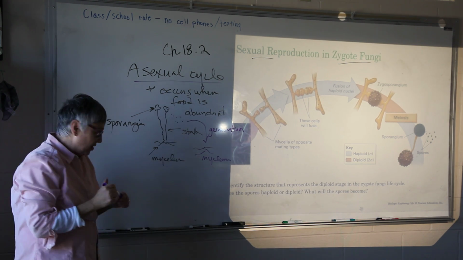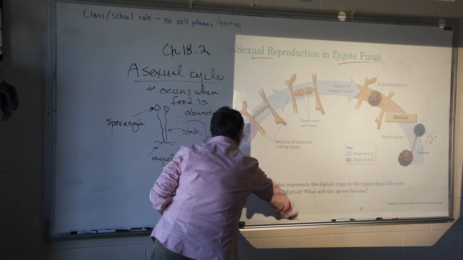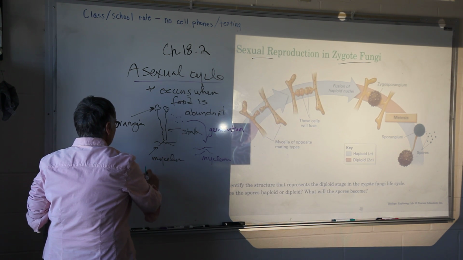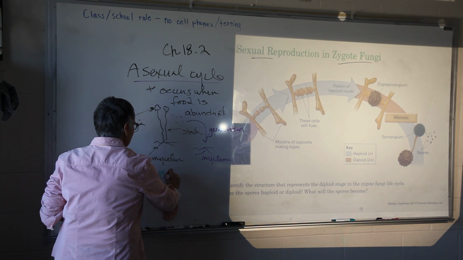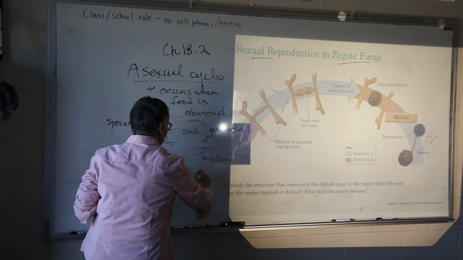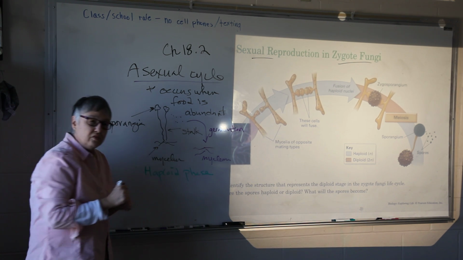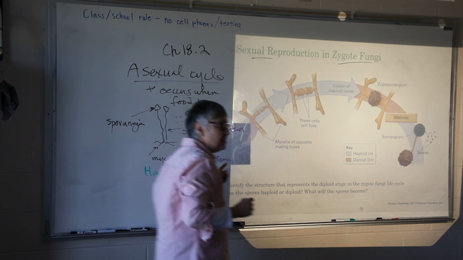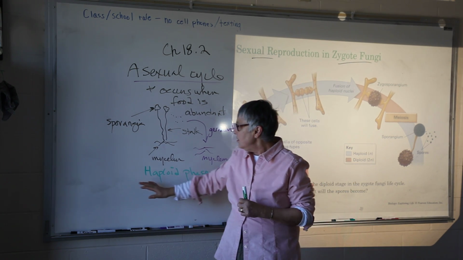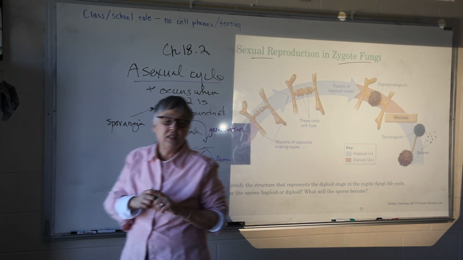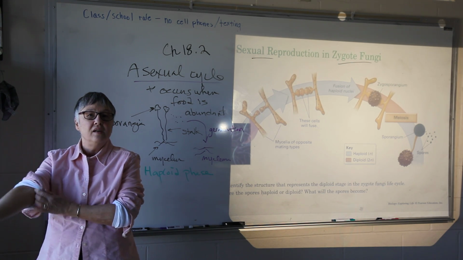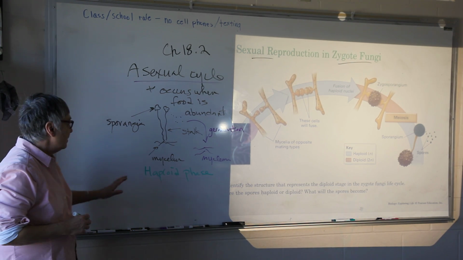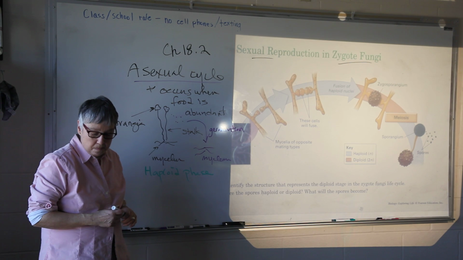I should also point out that this phase is what we call a haploid phase. And if you remember from genetics, this means that there's only one copy of each chromosome located in these cells.